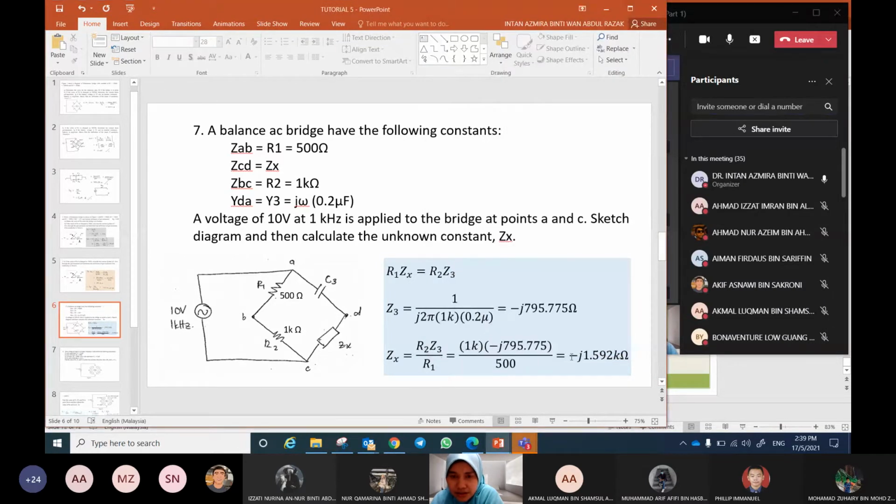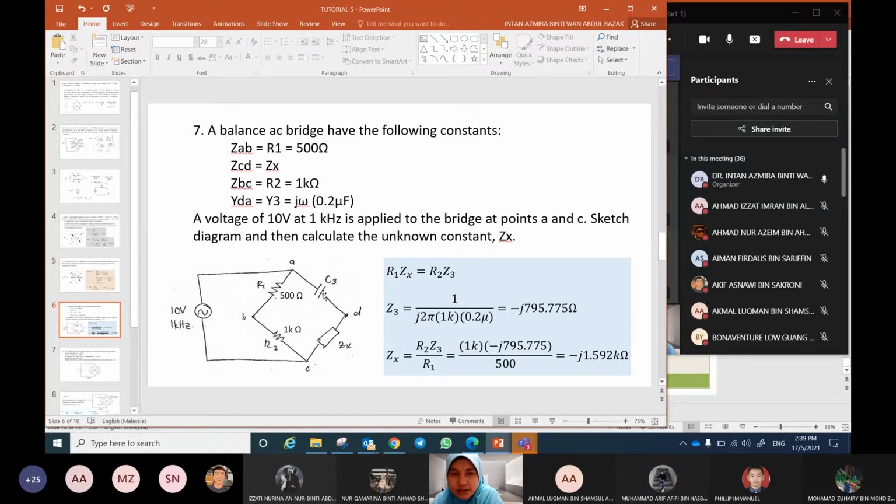The final answer is minus j. We have only imaginary parts, meaning that this arm has L or C, but this is minus j. Minus j means that it is a capacitor, like Z3.